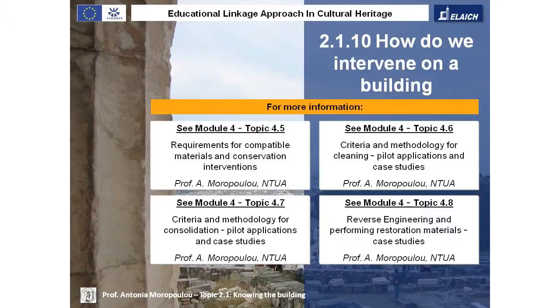In the question, how do we intervene on a building? In topic 4, we have all the spectrum of conservation interventions, and more specifically concerned with our studies on the diagnosis of decay, we are dealing in 4.5 with compatible materials and conservation interventions, in 4.6 with criteria and methodology for cleaning and pilot applications, in 4.7 with criteria and methodology for consolidation in pilot applications, and in 4.8 with reverse engineering performing repair mortars with concrete case studies.